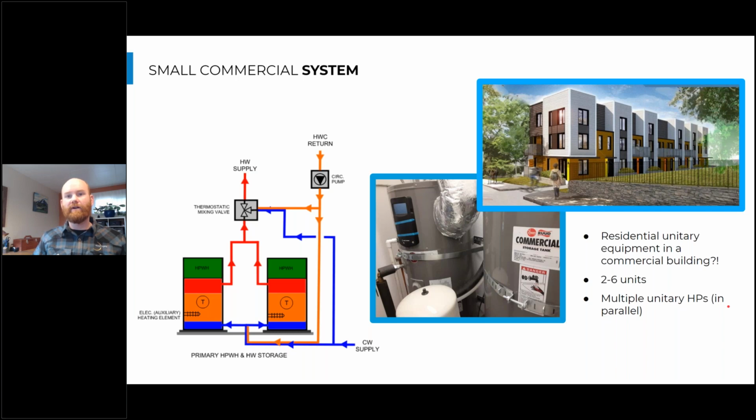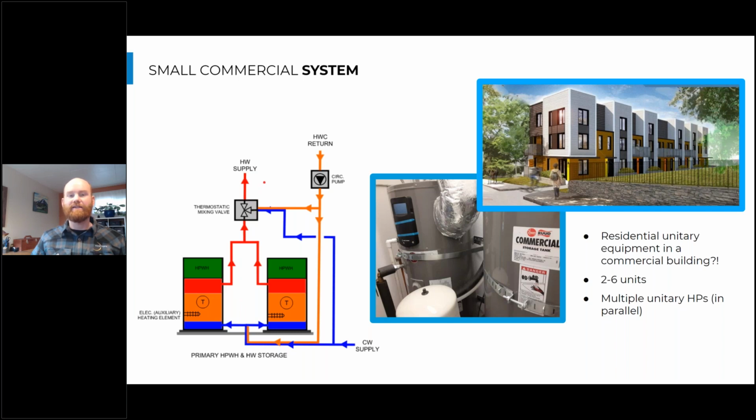So we have a few basic, really high-level case studies here, or conceptual studies. What I'm showing here is 2 integrated heat pump water heaters with the heat pump on top and a control system and a storage tank below with some backup elements shown there. These 2 connected in parallel work in tandem to provide the higher heating load we might see with these larger buildings.